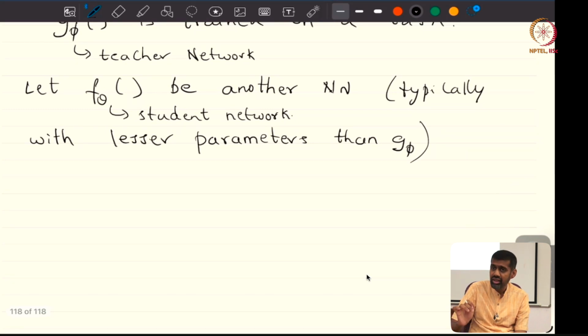However, this may not give you performance that is as good as the teacher network, because the teacher network is, one, larger in number of parameters, and two, it has seen more data compared to the student network.